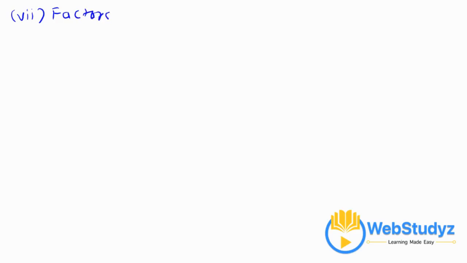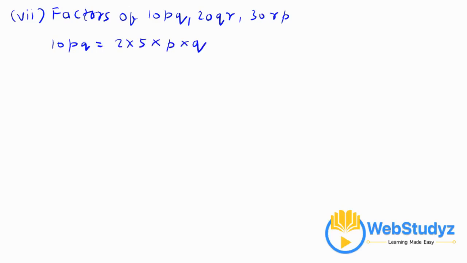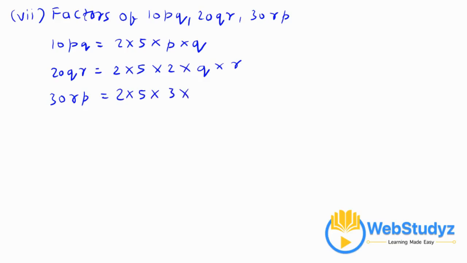Here the common factors of 10PQ, 20QR and 30RP will be: for 10PQ the factors are 2 into 5 into P into Q. Similarly, for 20QR, the factors will be 2 into 5 into 2 into Q into R. Similarly, factors for 30RP will be 2 into 5 into 3 into R into P. So the common factors will be 2 and 5.